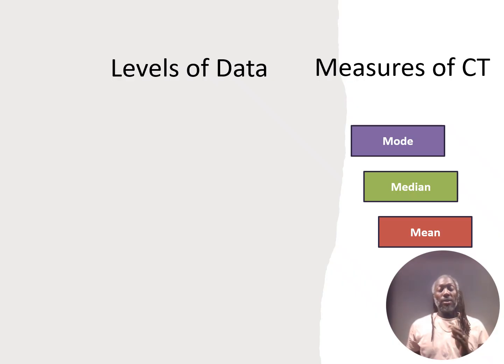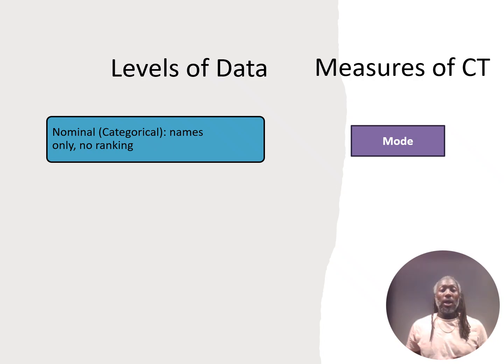More formally, it is the value at or below which you can find 50% of your data once your data have been sorted in increasing order. And then finally, we have the arithmetic mean. This is when we sum all of the values that we have, and then we divide by the number of values. Those measures of central tendency need to be applied to different levels of data.